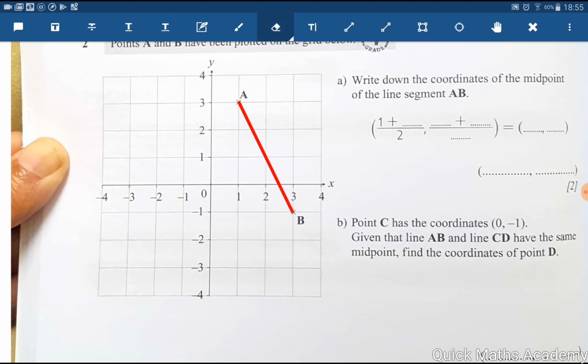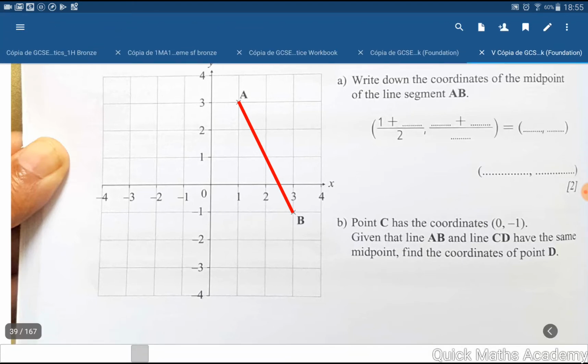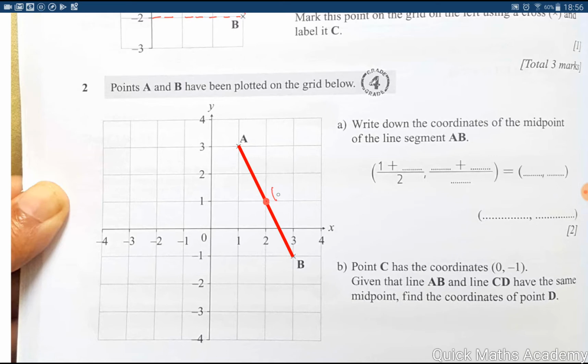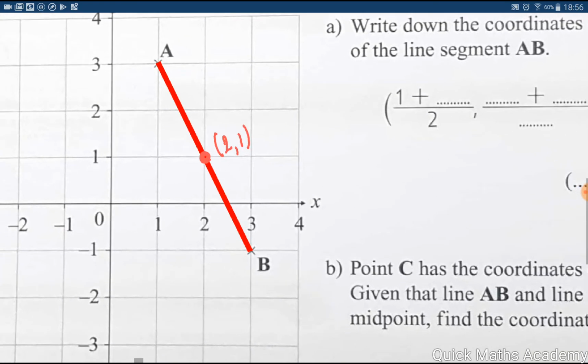So we have this segment, and you can see visually that the midpoint is here. And immediately you can also see that it is the point 2, 1. Now, how did I do this?